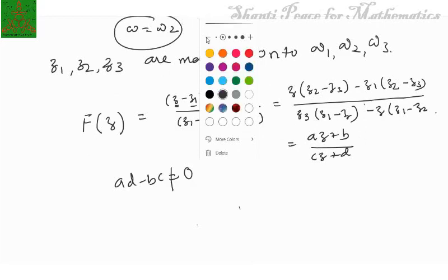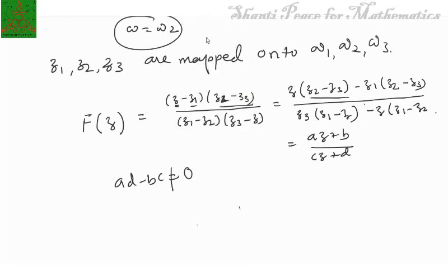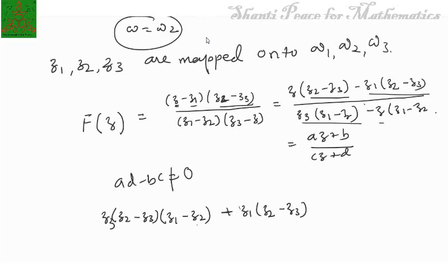Now you just observe that this is your a, so let us write down a: z2 minus z3. This is your d, that is z3 z1 minus z2. Minus of bc: b is this, but minus minus becomes plus, z1 z2 z3, and this is your c.